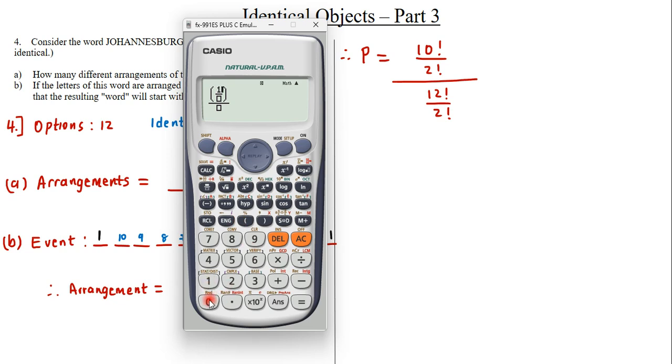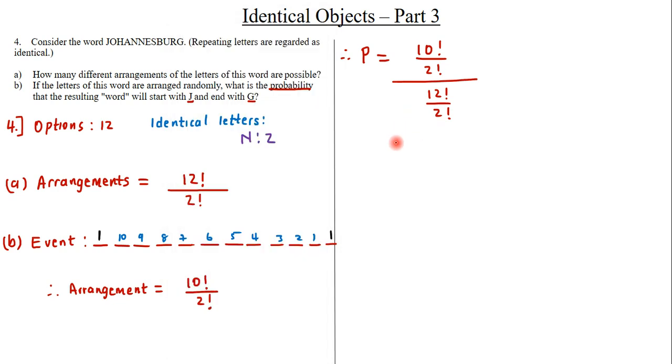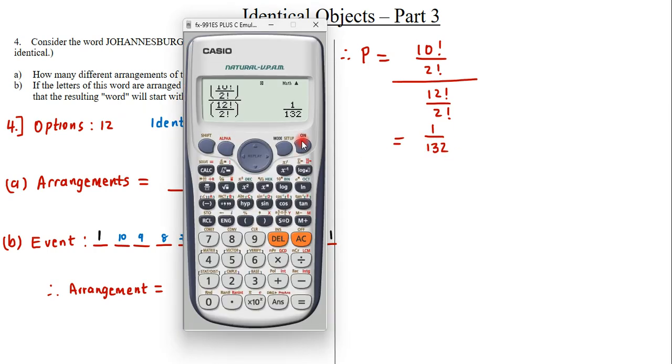So this is going to be 10 factorial over 2 factorial. Then at the bottom you do the same thing: two brackets, press another fraction, then 12 factorial over 2 factorial. Then you press the answer. That will be our probability. So it is 1 over 132, and that is going to be our answer.